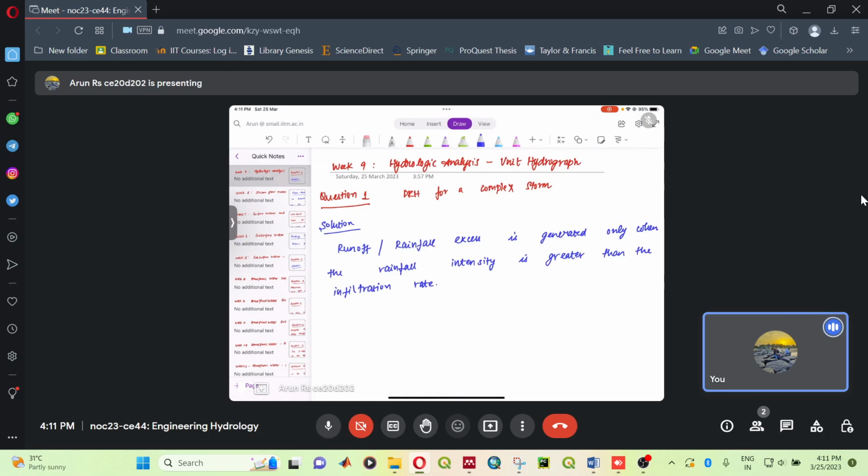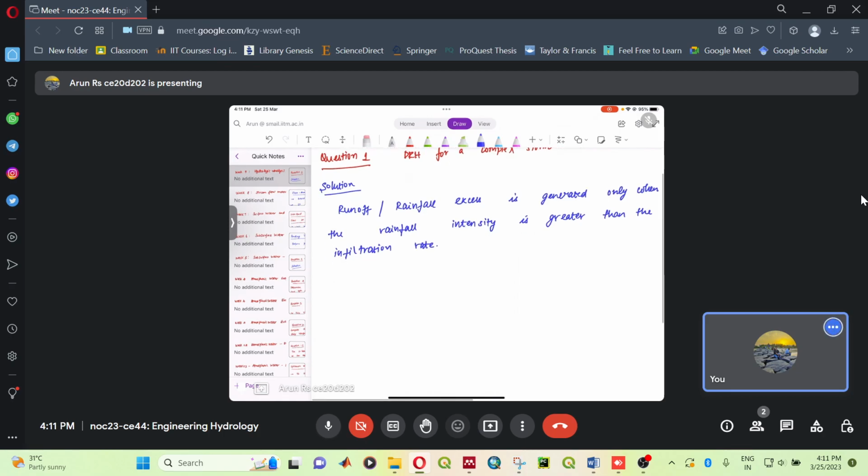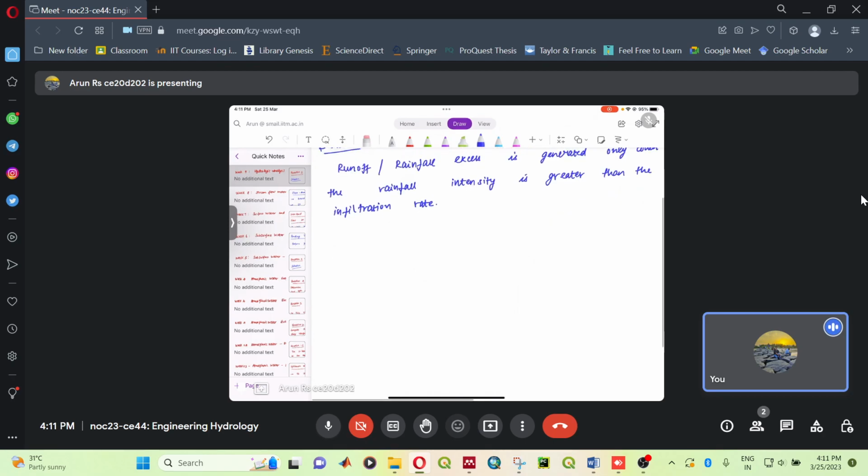So we need to remember this first. So from this we will be deriving what is the excess rainfall.